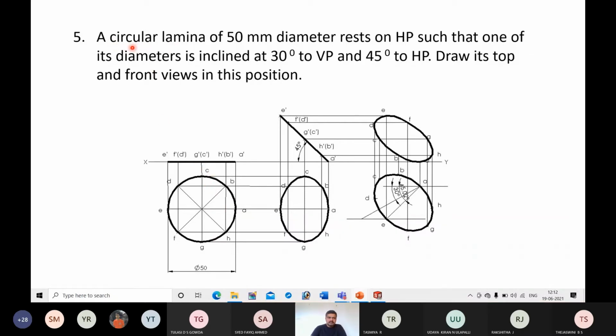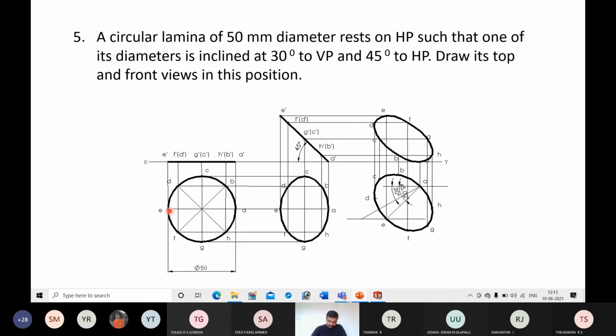Next, the given lamina, a circular lamina, has diameter 50 mm and rests on HP such that one of its diameters is inclined at 30 degree to VP and 45 degree to HP. So one of the diameters means we can consider any of these lines, n number of diameters.